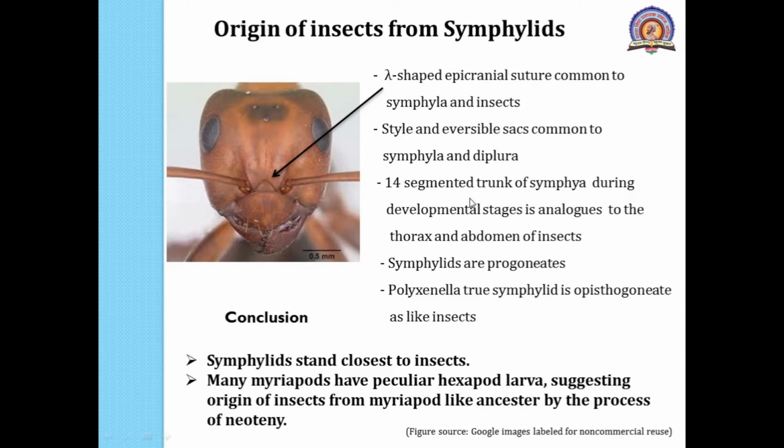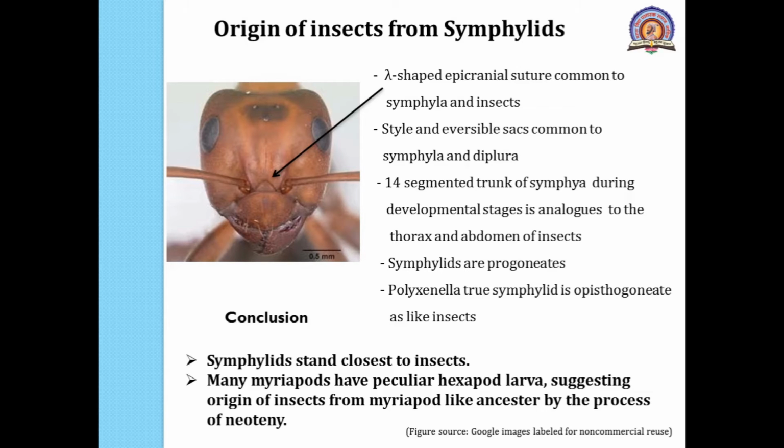If you see the number of segments in the insect body plan, if we add the 3 thoracic segments to the 11 abdominal segments, the number is again 14, and the same situation, 14 segments within the trunk, is also represented in the symphylan group. So in spite of all these common traits, the symphylids are the progonids.